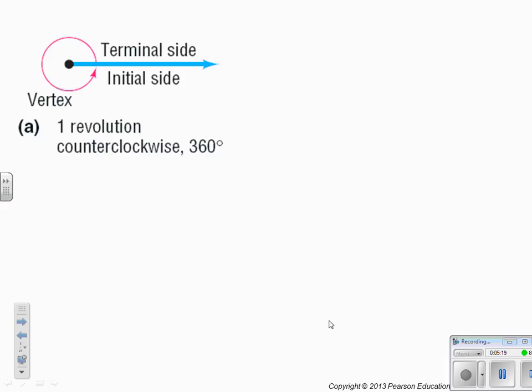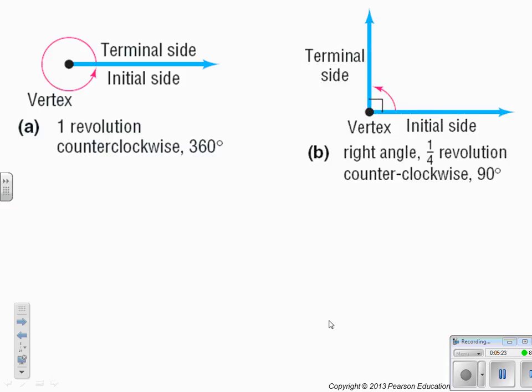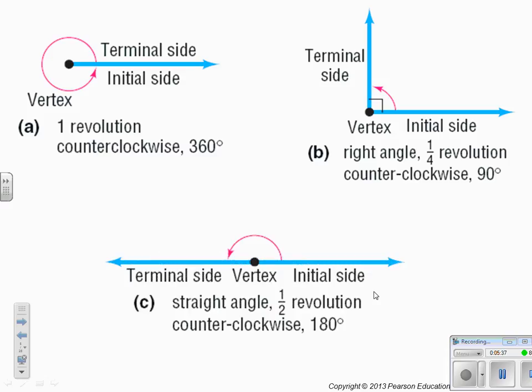A right angle is 1/4 of a revolution. It's 90 degrees. It goes counterclockwise. A straight angle is half of a revolution, or counterclockwise, 180 degrees.